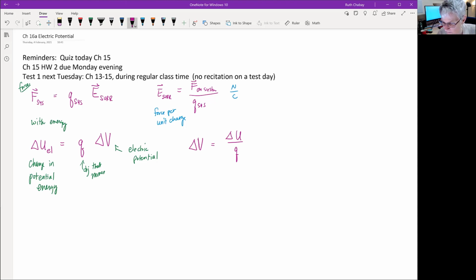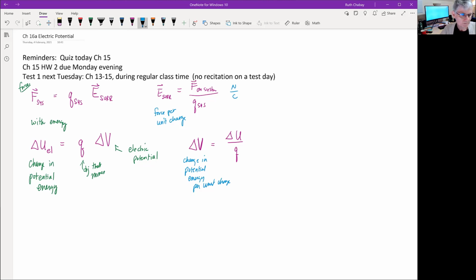So this is really a change in potential energy per unit charge. And that's where we're going with this kind of thing.